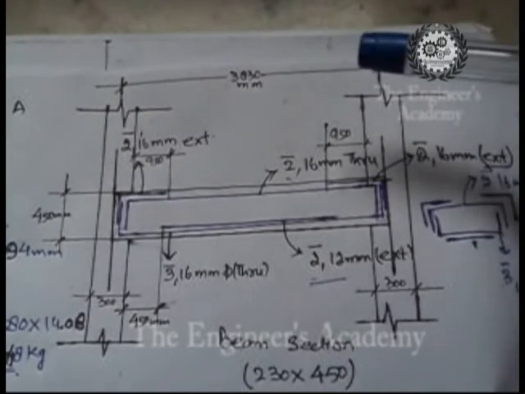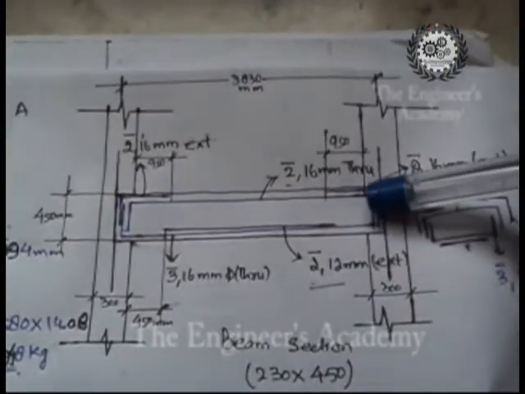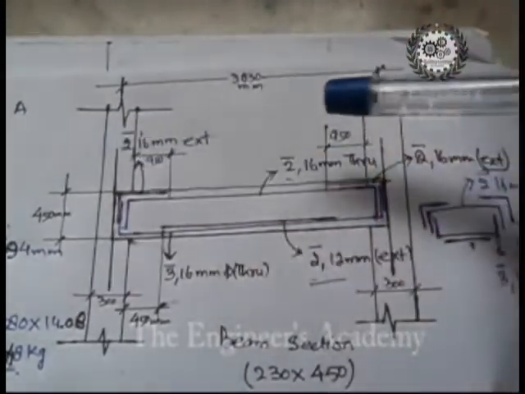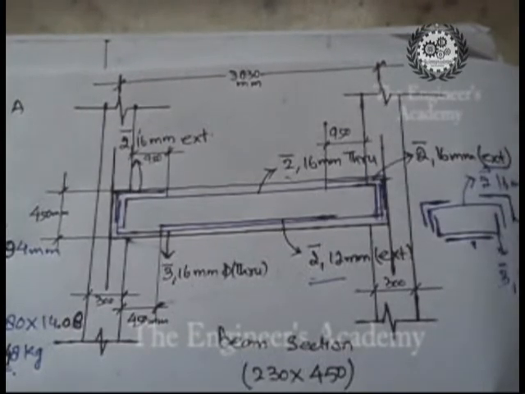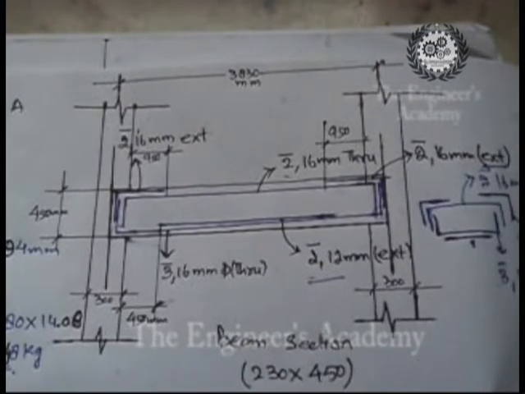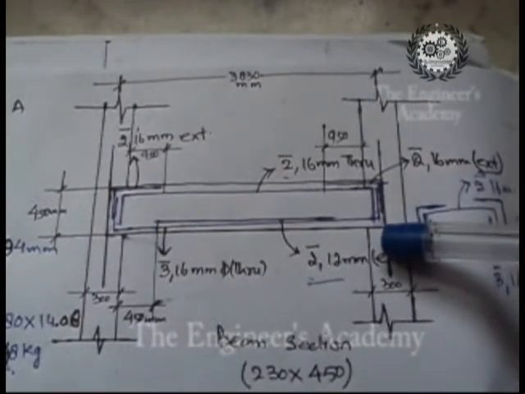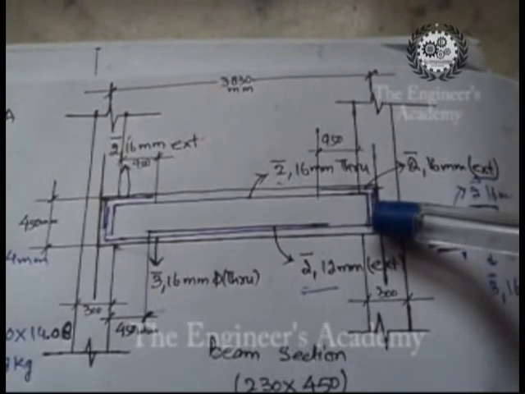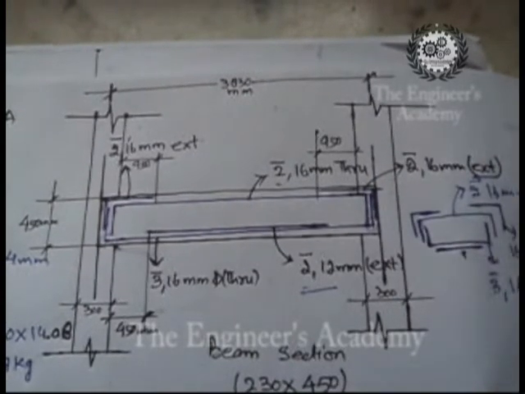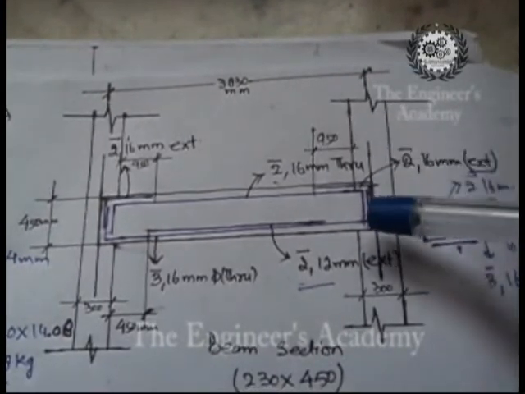So it will have a total length of 3830 plus the size of the leg on one side and the size of the leg on the other side. Keeping in view the cover that is to be provided, 25 mm on the top and 25 mm on the bottom, the total depth of the cage will be equal to 400 mm, and that will be the size of one leg.